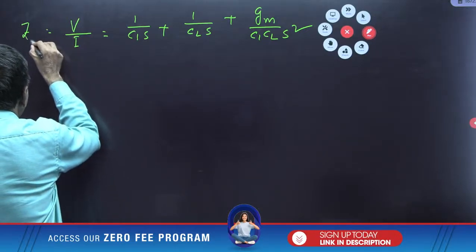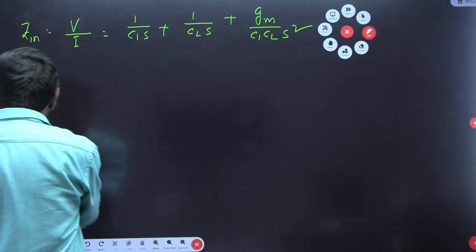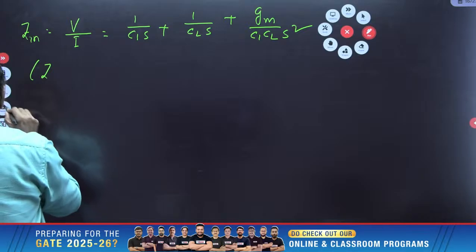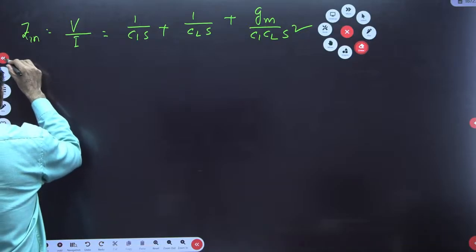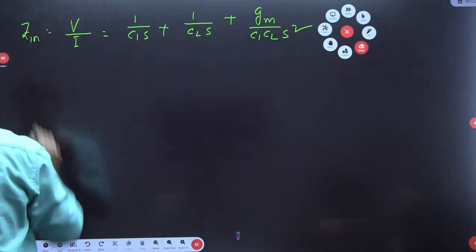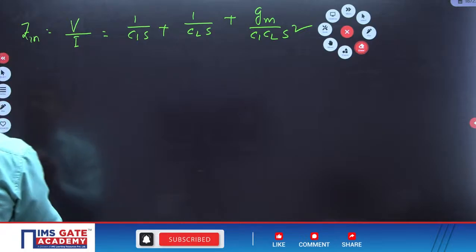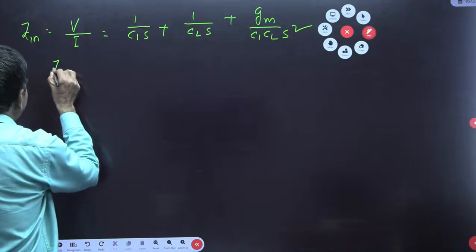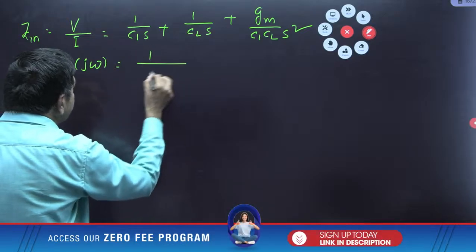But I got Zin in the S domain; I want Zin in J omega. Wherever S is given, you put J omega.